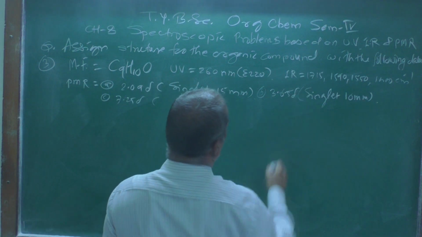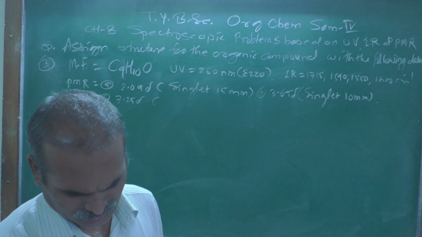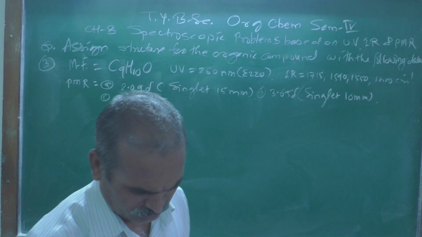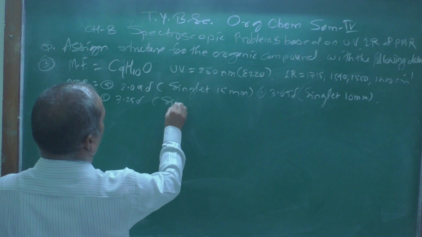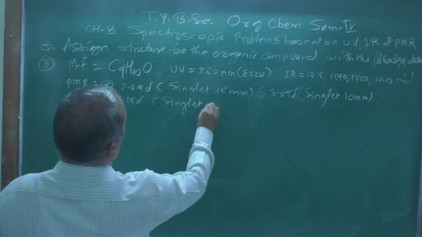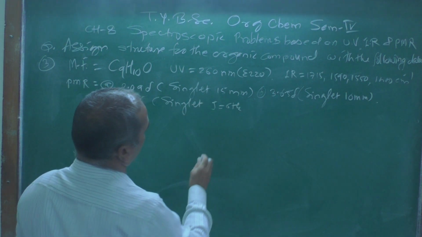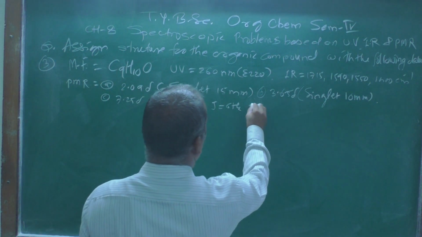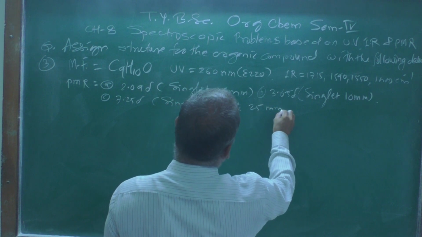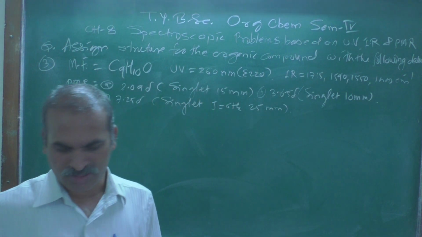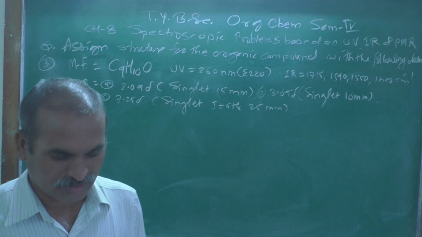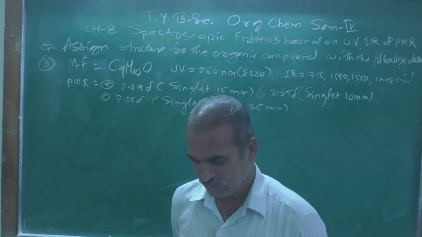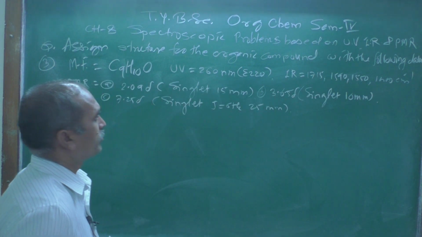Here remember delta. Singlet, J is equal to 6 Hertz, and 25 mm. So this is the data given to us, and from that we are going to solve the problem.